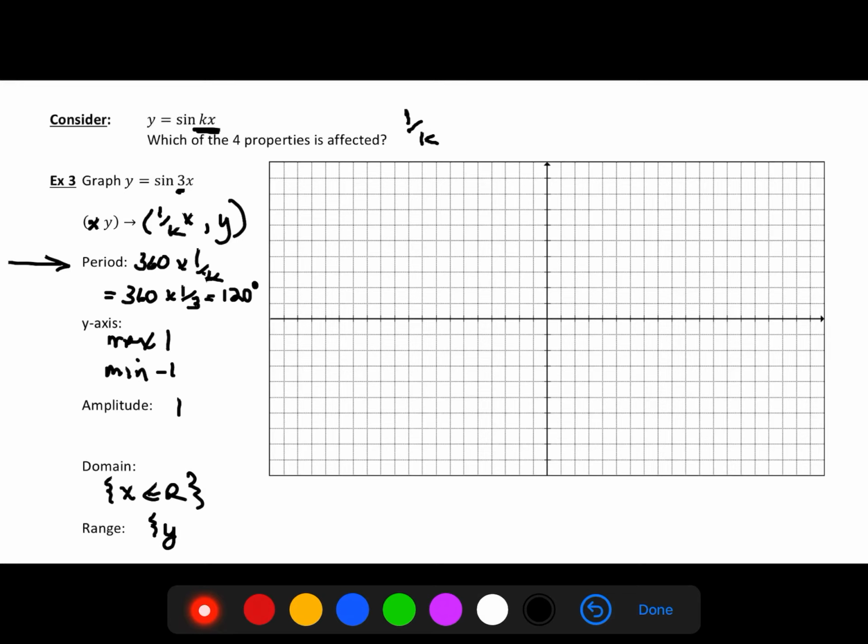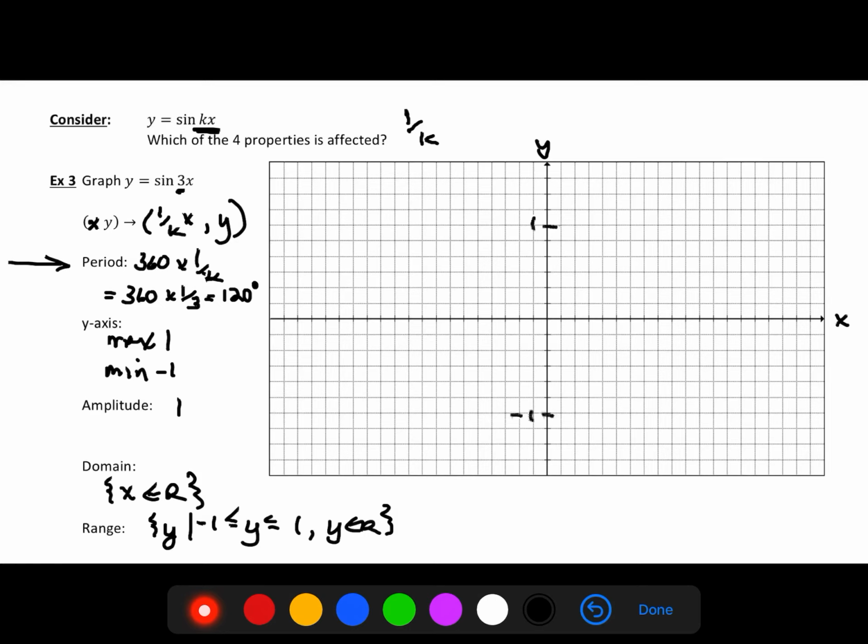Our range, because our amplitude hasn't changed, we are still talking about -1 to +1 for our y values. And for that reason, when we graph it, we're going to keep that in mind, that we don't have to go any further than -1 or 1. So we're going to stretch it out a little bit.